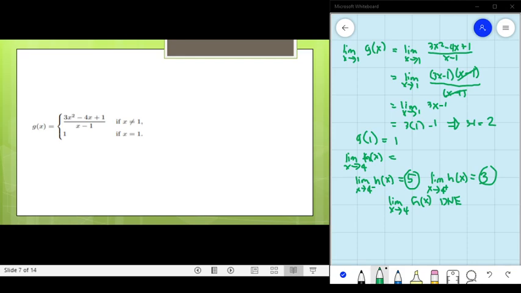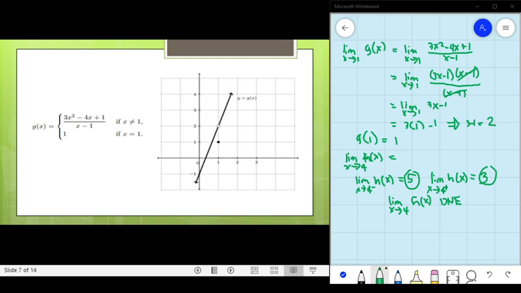If we illustrate the graph of that function g of x, notice that this is the situation. It is undefined at x equals 1, so that's why it is hollow there. And the value 1 if x equals 1 is a separate point.